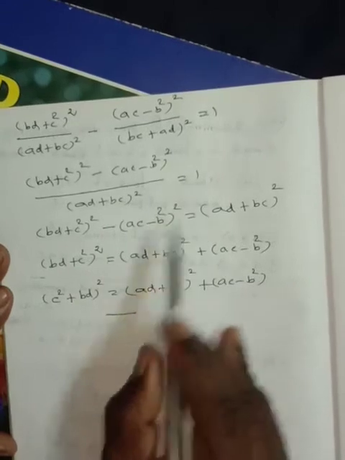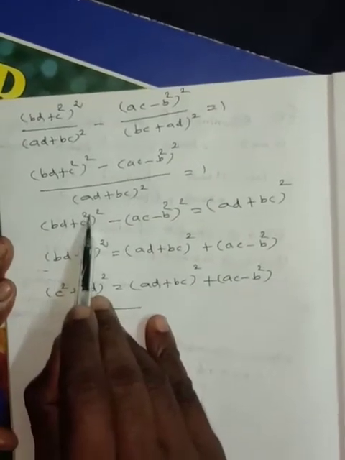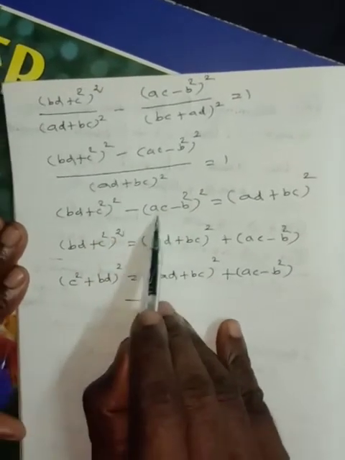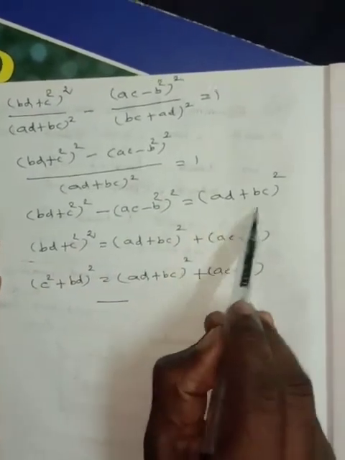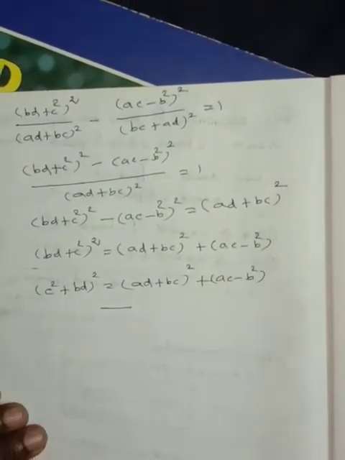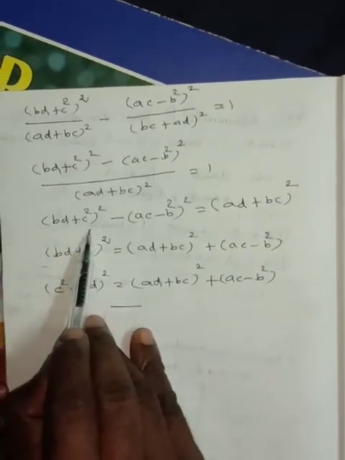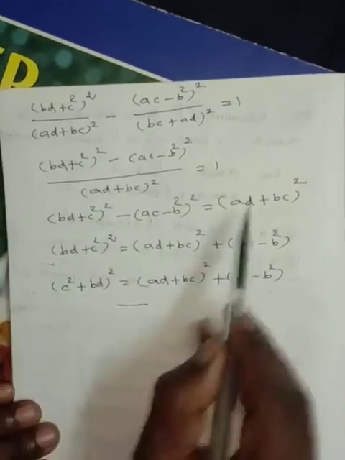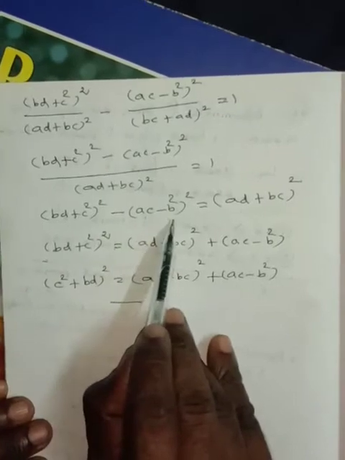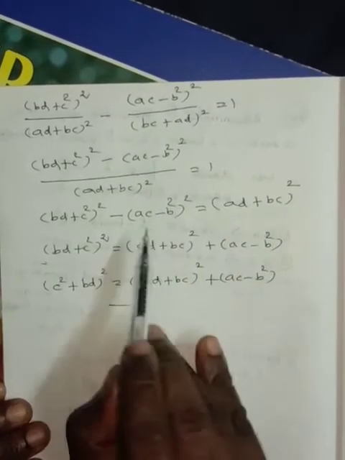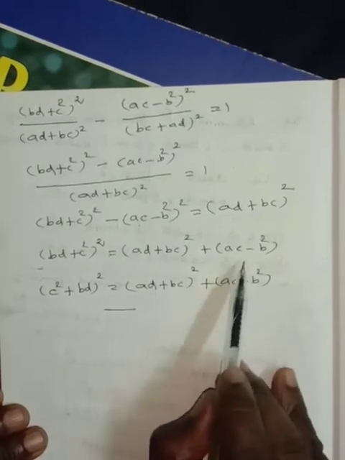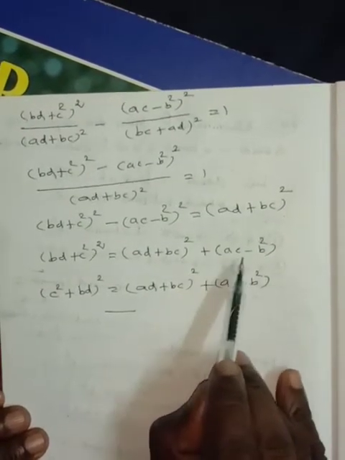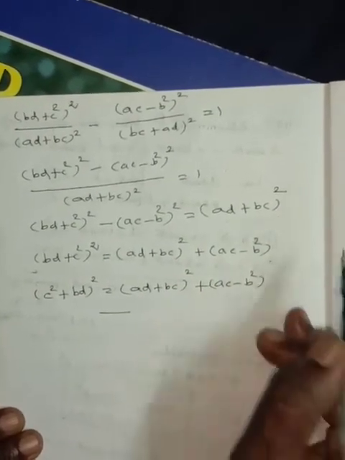Now cross multiplying we get bd plus c square whole square minus ac minus b square whole square is equal to ad plus bc whole square. Now bd plus c square whole square is equal to, this negative sign of ac minus b square whole square goes to right hand side, we get ad plus bc whole square plus ac minus b square whole square.